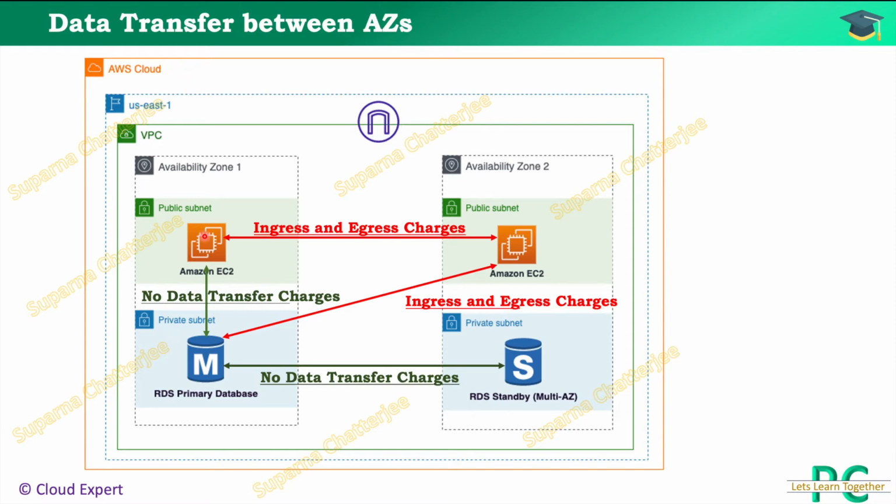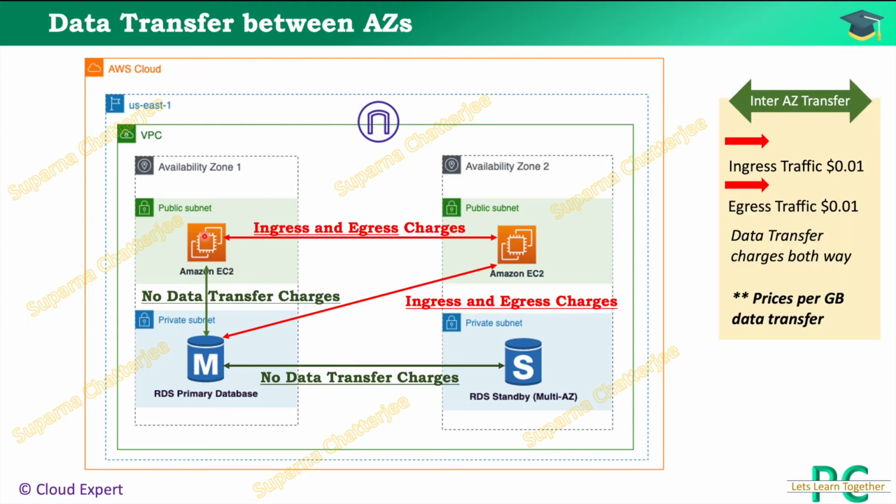That is part of the RDS feature. To summarize, for inter-availability zone data transfer, you are paying for both ingress and egress traffic, and the data transfer charge is 1 cent per GB of data transfer.